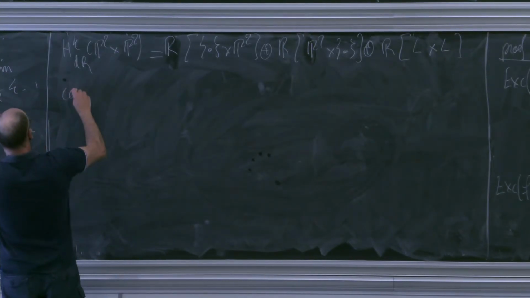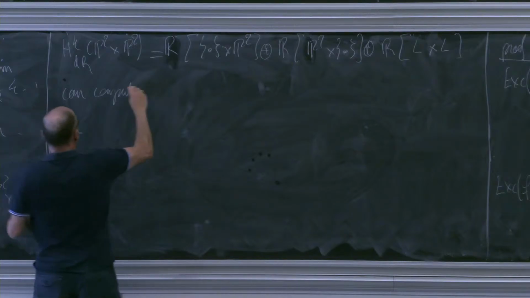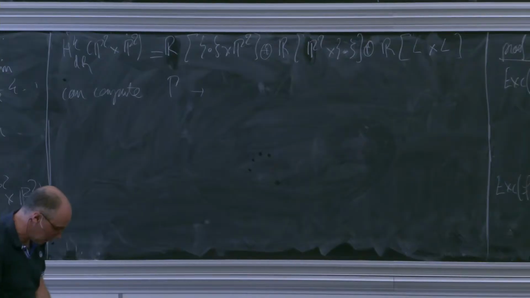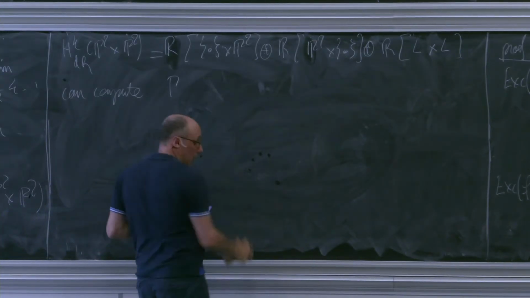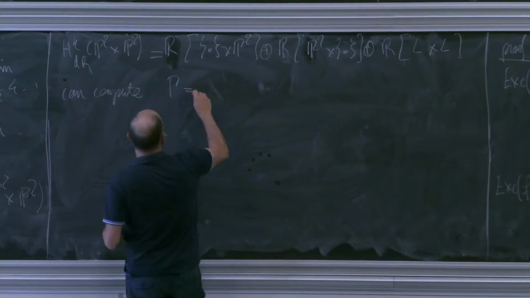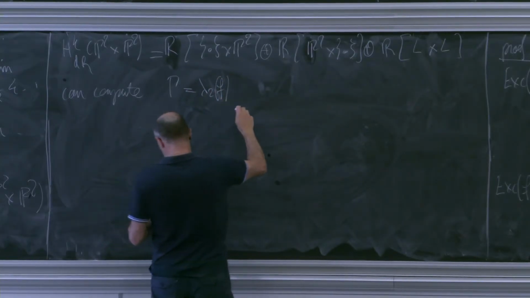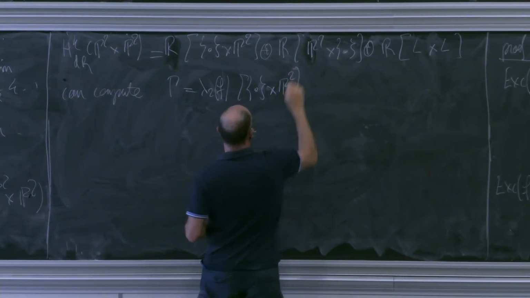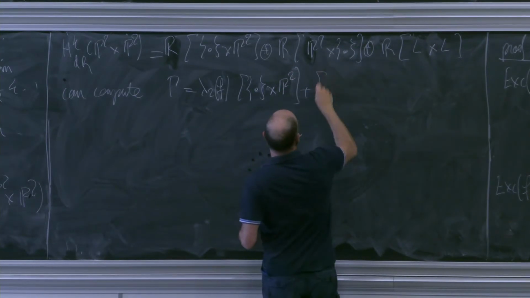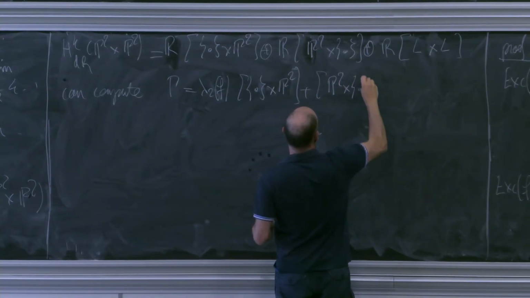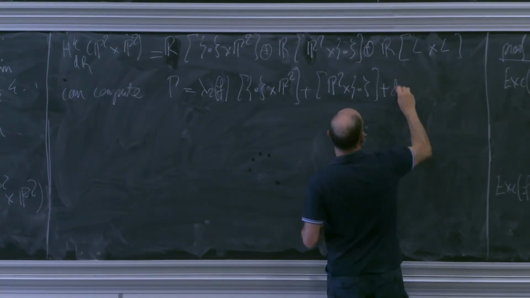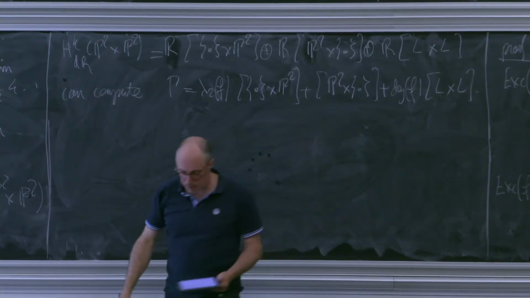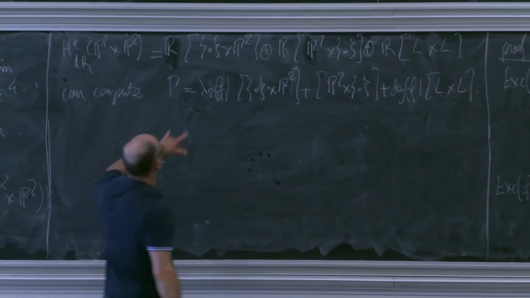Okay, and then you can compute gamma in this basis. I'm not going to do this, and if I didn't screw up, what you get is lambda 2 of f times a vertical fiber plus 1 horizontal fiber plus the degree of f times L cross L. So how do you get this? Well, you can intersect all these things.